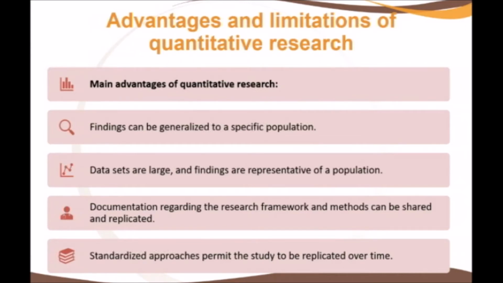Can it be replicated? Is it understandable? Can I get your scientific paper and go out and do exactly the same research that you did and get the same results? If I got your proposal, can I go out there and, without me having to consult you, replicate your study and do it exactly as you would have done it? That's the advantage of quantitative research.